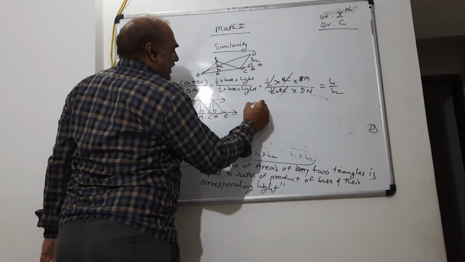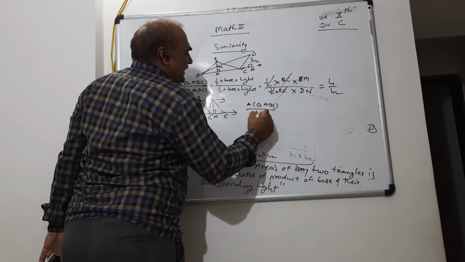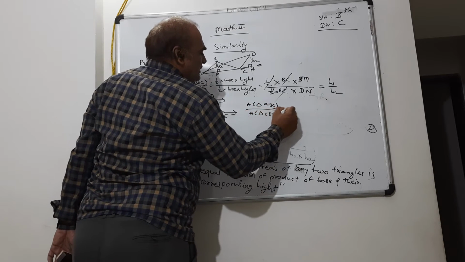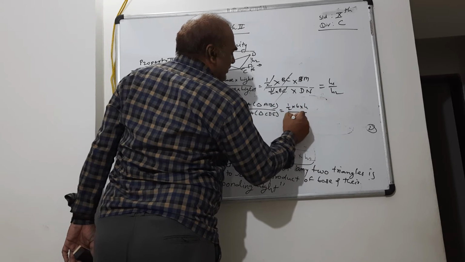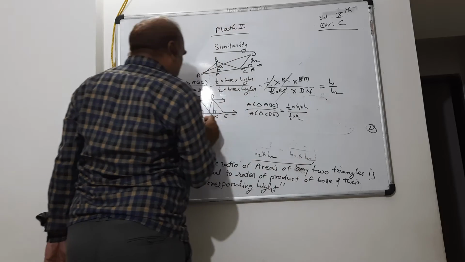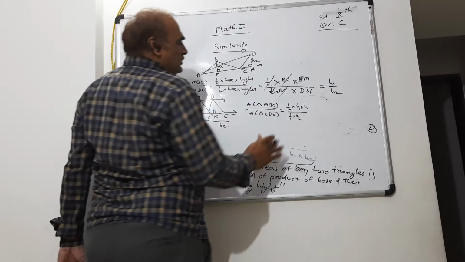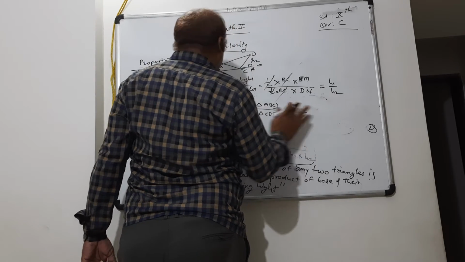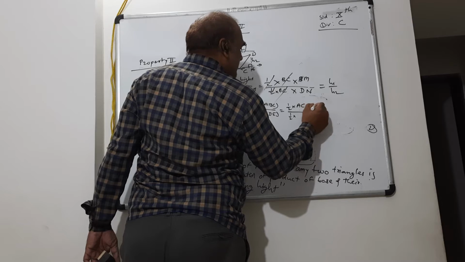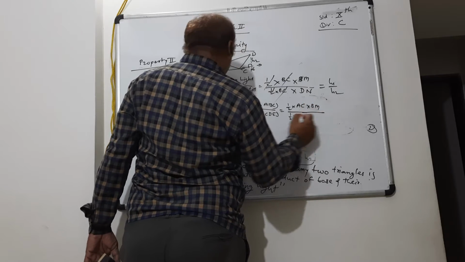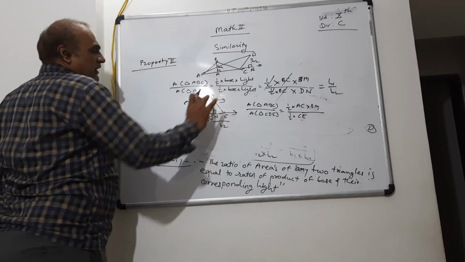Therefore, area of triangle ABC upon area of triangle CDE is equal to half into base into height upon half into base into height. Let the bases be B1 and B2. For the first triangle, base is AC and height is BM; for the second, base is CE and height is DN.